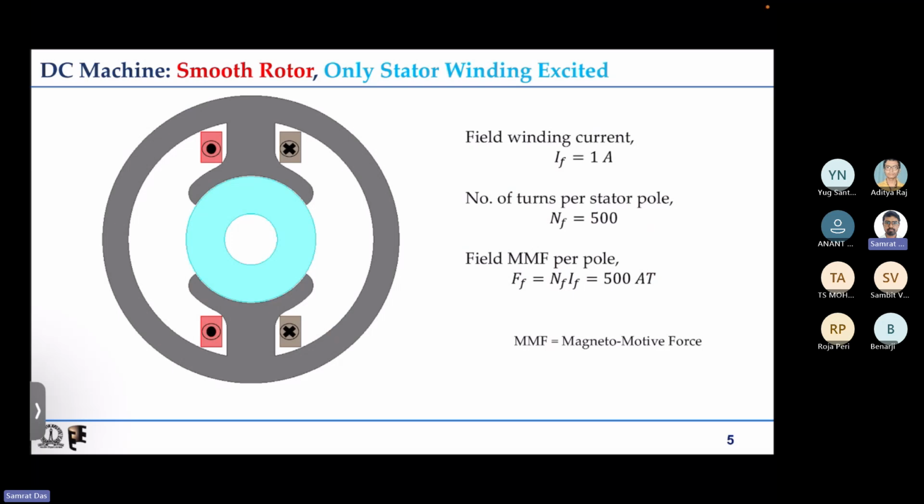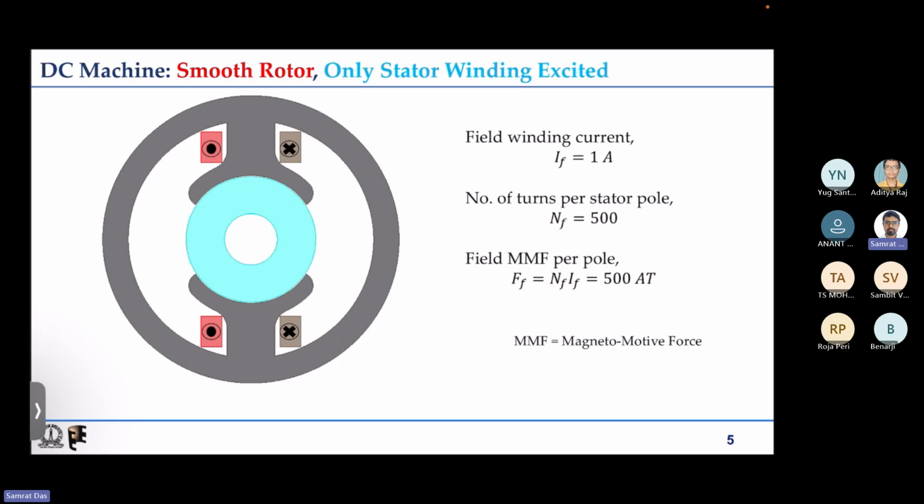We understood how to realize what happens if only stator winding is excited. So to understand the effect of slotting, first we will consider this case where only the field winding is there, and the rotor is a smooth rotor.